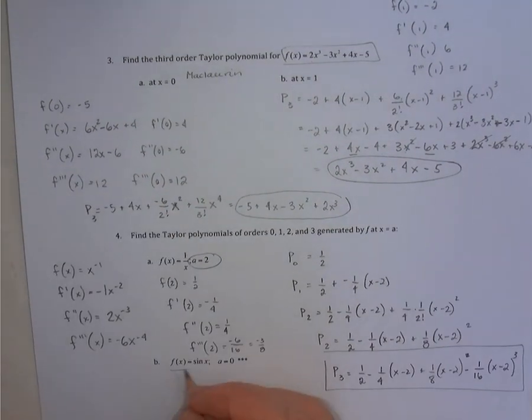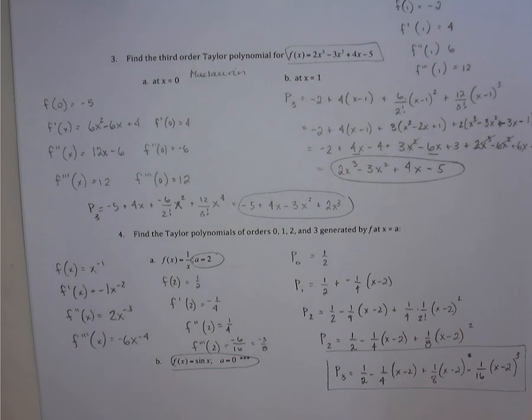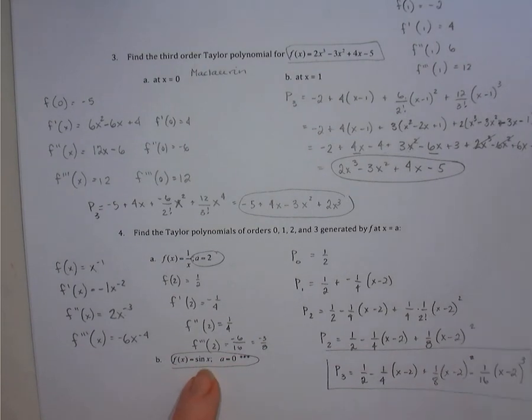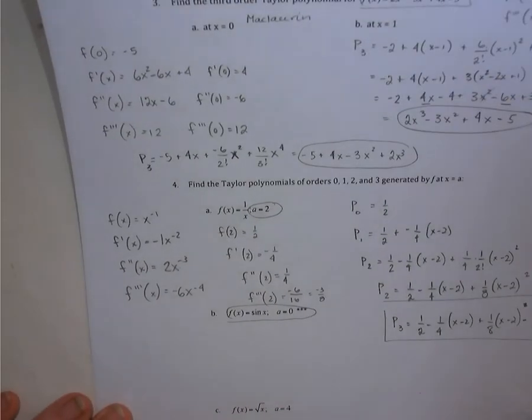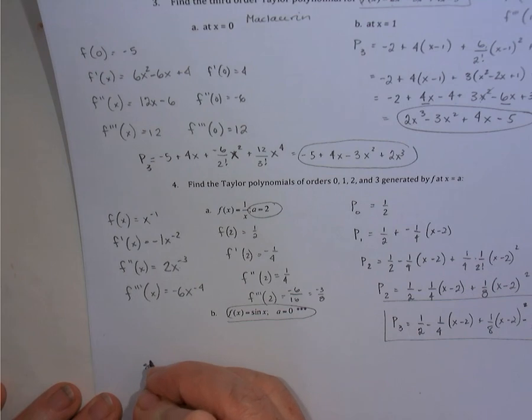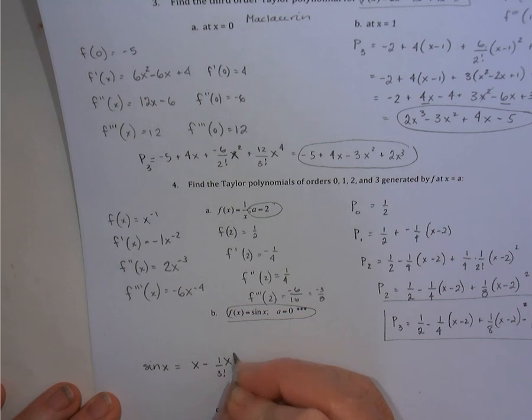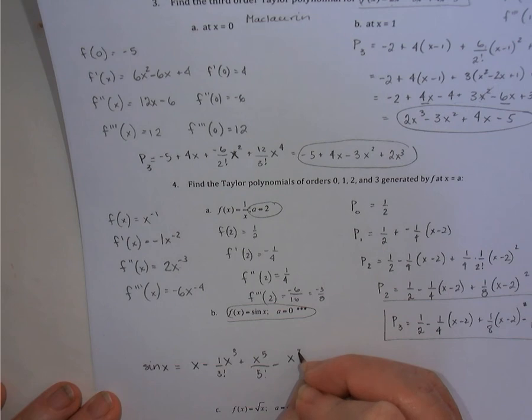Now for sine x, I'm going to skip this because we're looking for the Maclaurin polynomial right around 0, and you had this for homework the other night. What you might have noticed is that sine x is an odd function, and we get this alternating series.